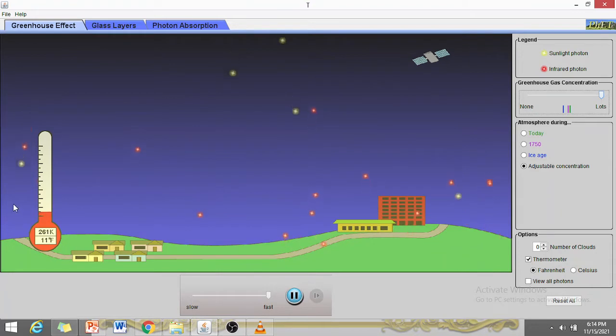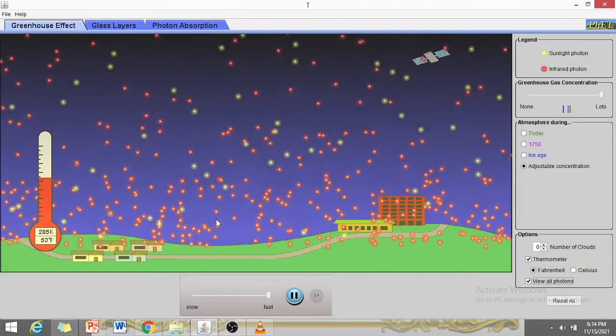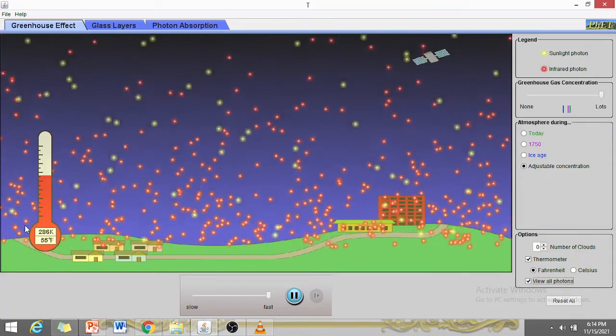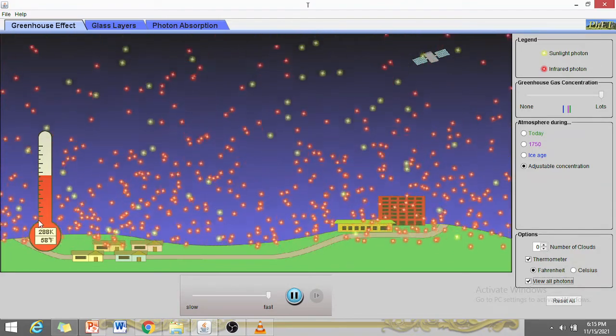Ayan. So, look at the temperature. Nag-review na natin yung photons. Sobrang dami ng nasa-trap. Nakikita nyo po itong infrared photons na mga nasa-trap. And yung temperature, there is a sudden increase in the temperature.